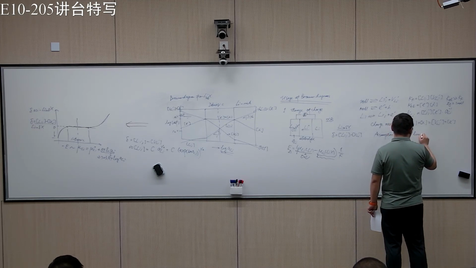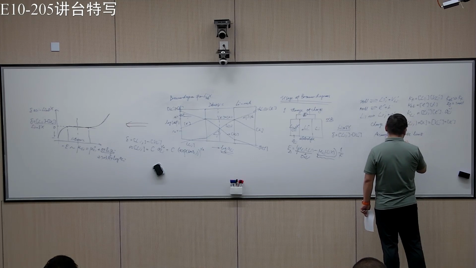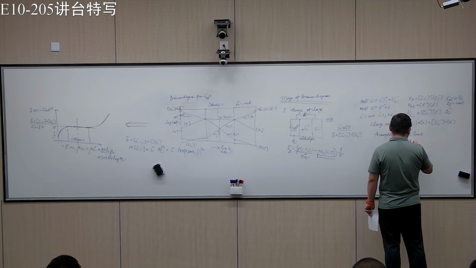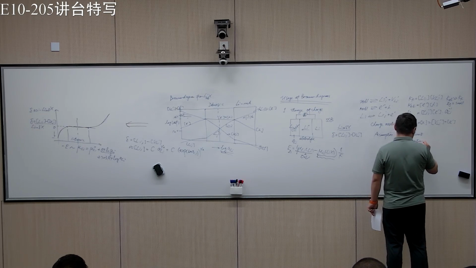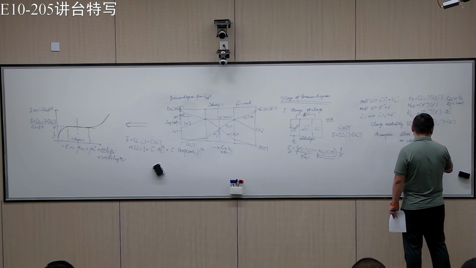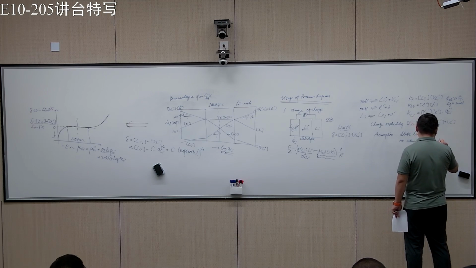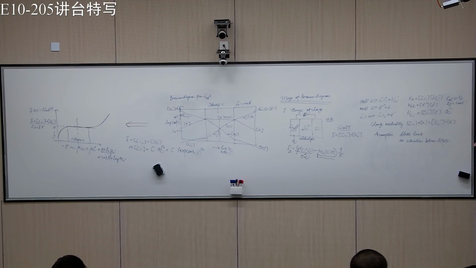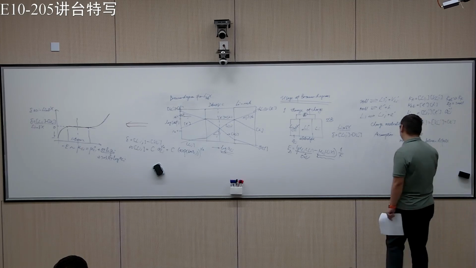Always dilute limit, which means no interaction between defects. So what does that mean? So basically, you need to know where you have these equations. So this equation formally should be written something like this.